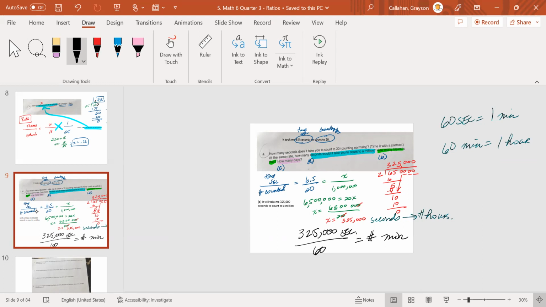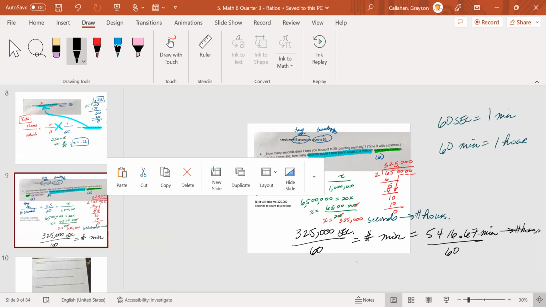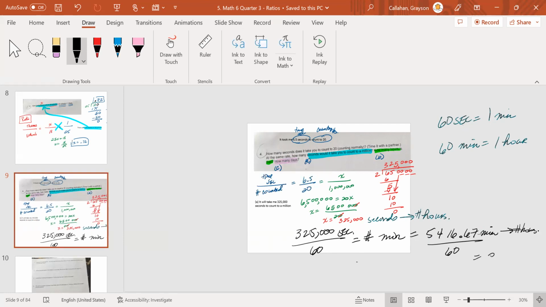So when I do that, 325,000 divided by 60, it's gonna give me 5,416.67 minutes, right? This minutes needs to go into number of hours. I know there are 60 minutes in an hour. So if I have this many minutes, I just divide it by 60, which then gives me 90.27 or 90.28 hours.